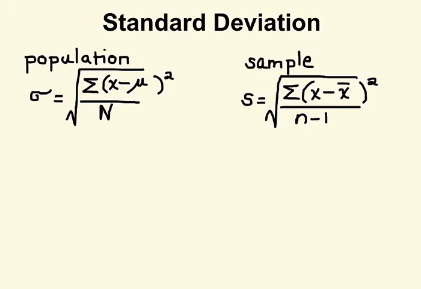Let's make sure that we have an understanding of this. Now, underneath our population, n is equal to the population size. And our sample, n, little n, is our sample size.